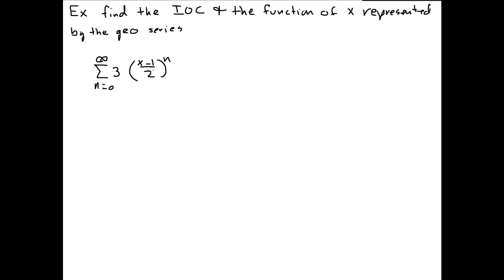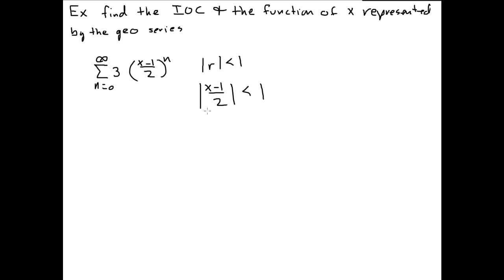This is a geometric series. We have our a as 3, and we have our r as x minus 1 over 2. So if we want to find the interval of convergence, we know that the absolute value of r is going to be less than 1, and in this case our r is x minus 1 over 2. That has to be less than 1.